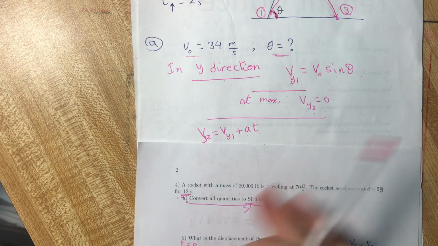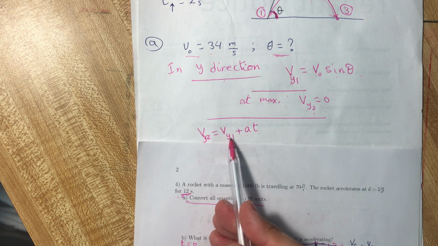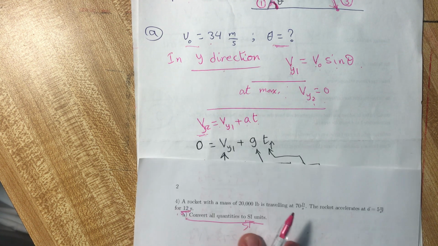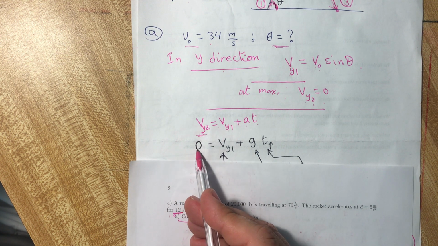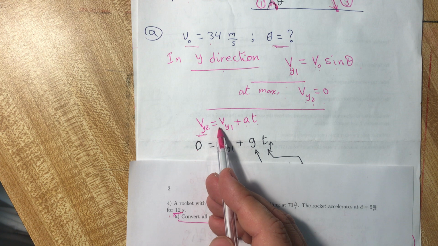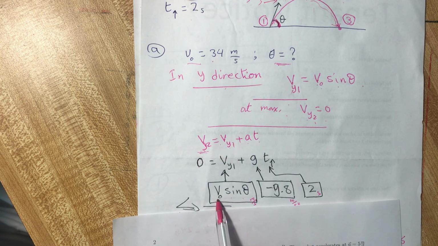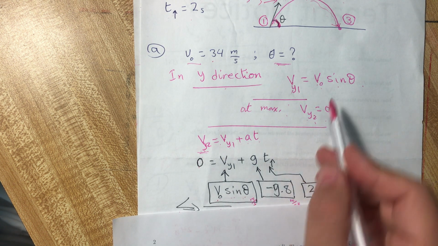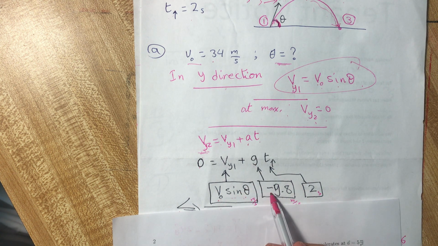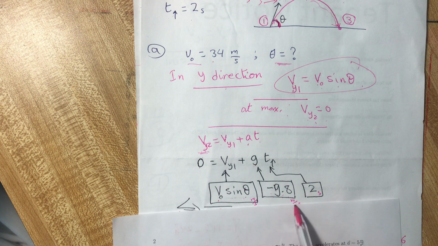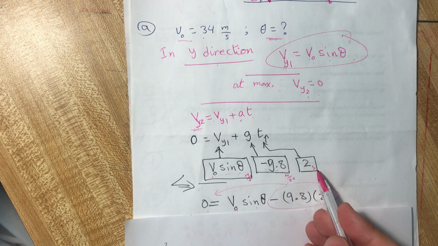We can use the equation V2 is equal to V1 plus at. V2 in y direction is 0. V1 is V naught sine theta, as we said before. The acceleration is g, which is negative 9.8 meters per square second, and the time is 2 seconds.